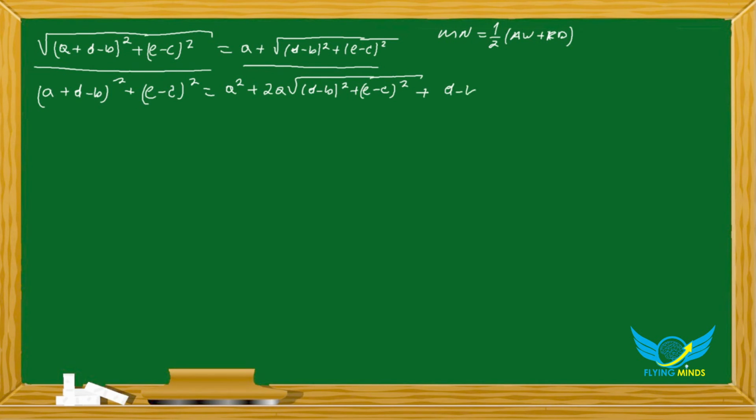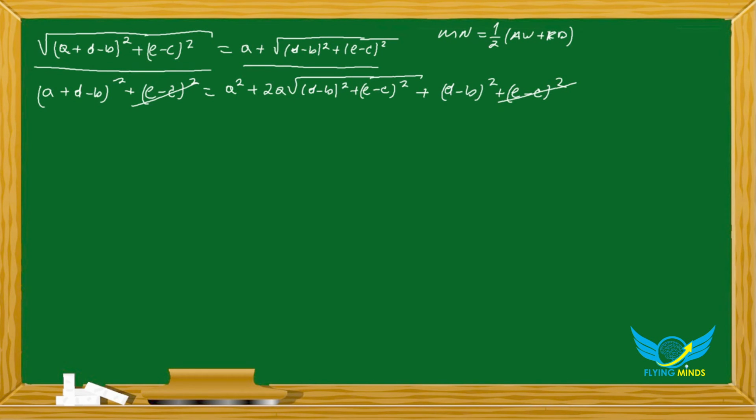We do the expansion, square of sums, and the expression under the square root becomes just d minus b squared plus e minus c squared. What we see on both sides, e minus c squared, can be cancelled, which is good, and this is what we are left with.